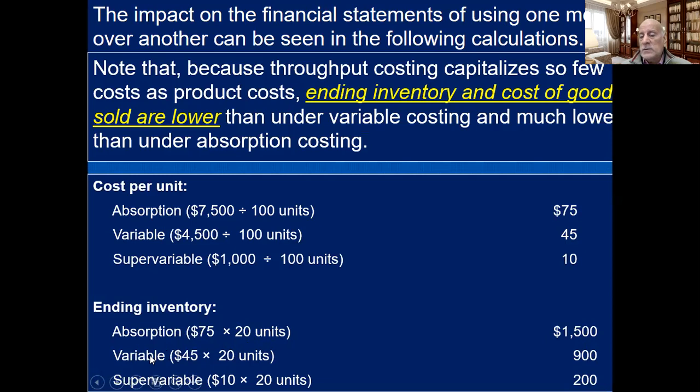Under the variable costing method, the 20 units are multiplied by the variable cost per unit, so the result is $900. As for the super variable method, ending inventory is 20 units multiplied by the super variable cost per unit of 10, so the result is $200.